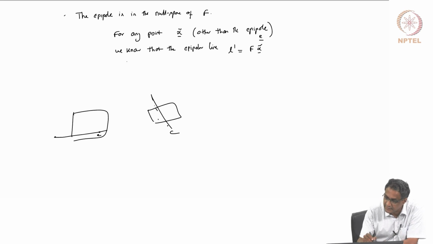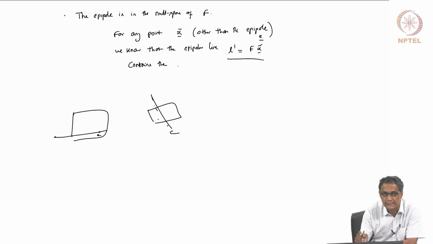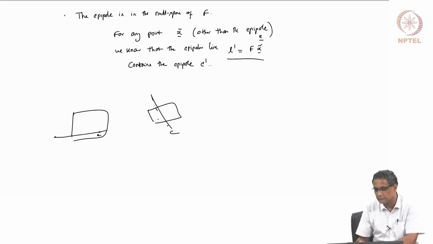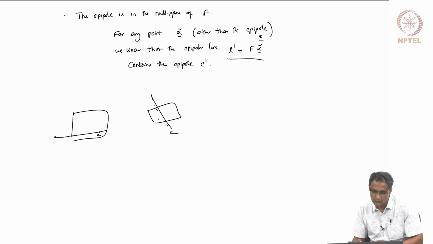Now what it is saying is, we know that the right epipolar line L dash equal to F x tilde contains what? The right epipole, which should be E dash. It contains the epipole E dash. Why is this true?